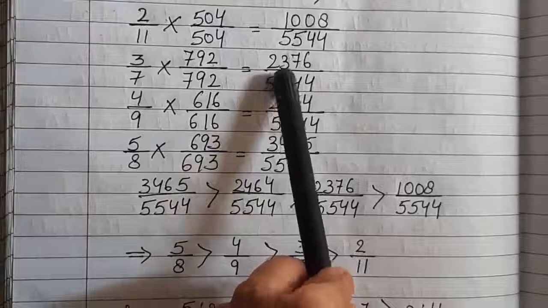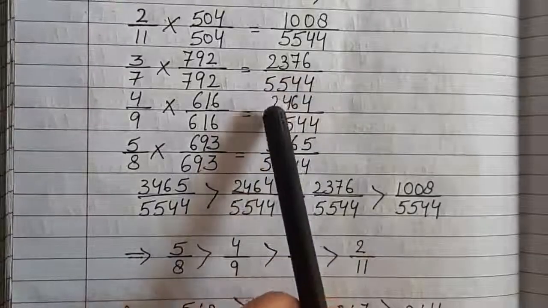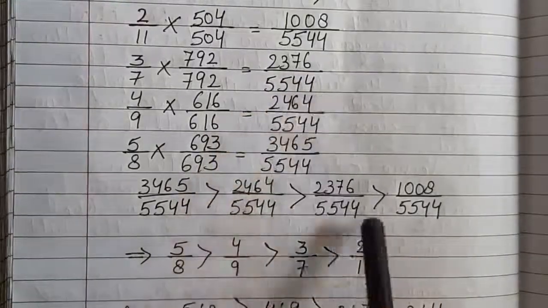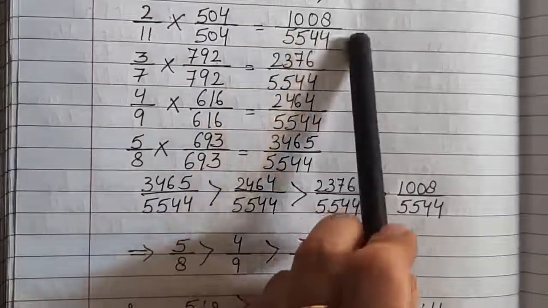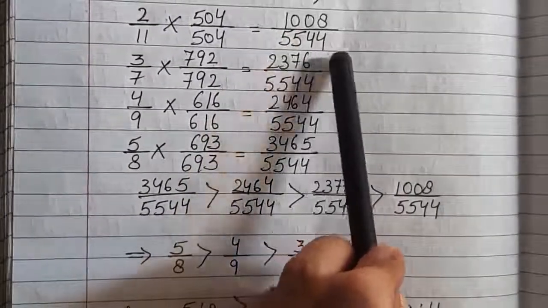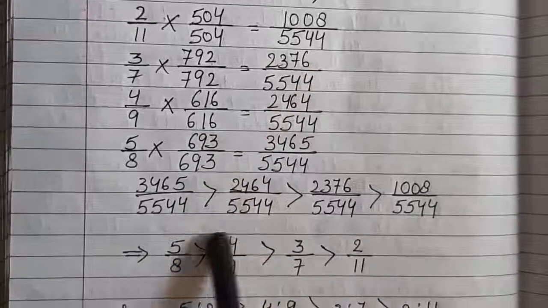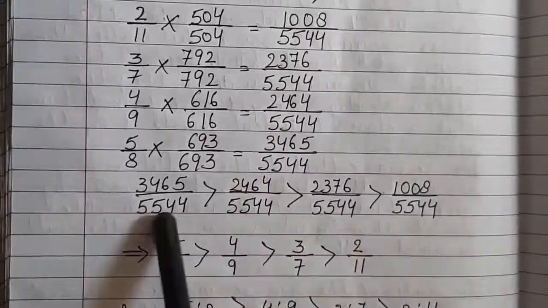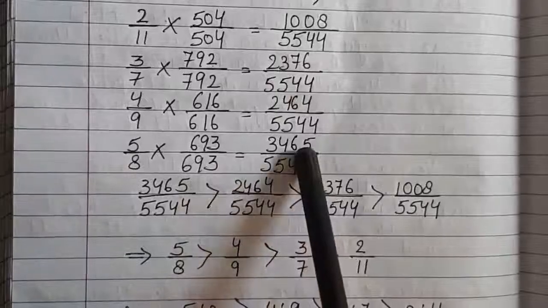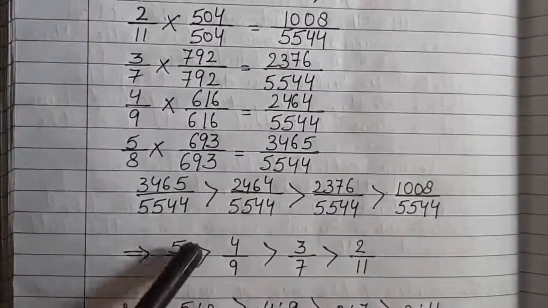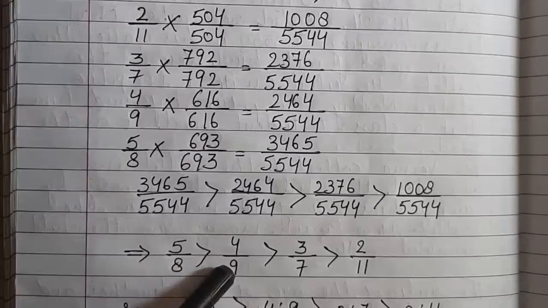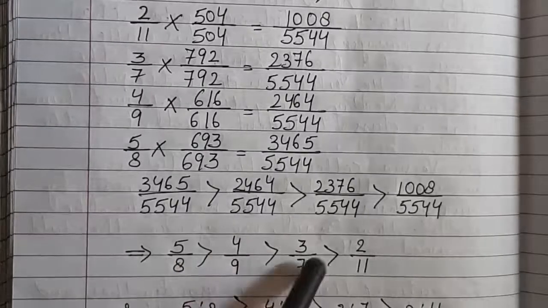Then 2376 by 5544 we will write. And the smallest one is 1008 upon 5544. Right? After arranging these fractions, we have to write the original form. So it will come 5 by 8 greater than 4 by 9 greater than 3 by 7 greater than 2 by 11.